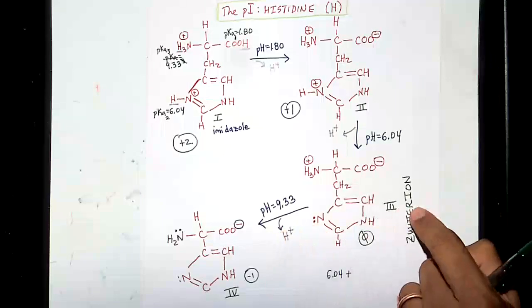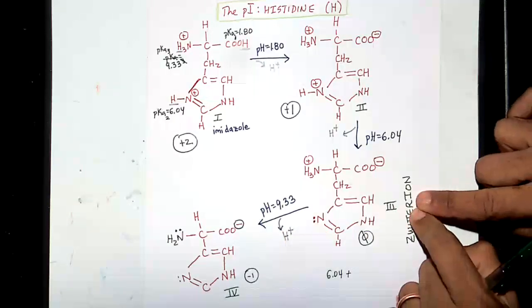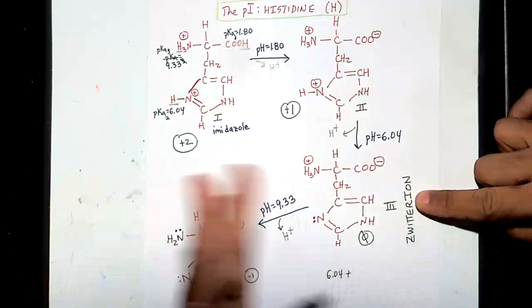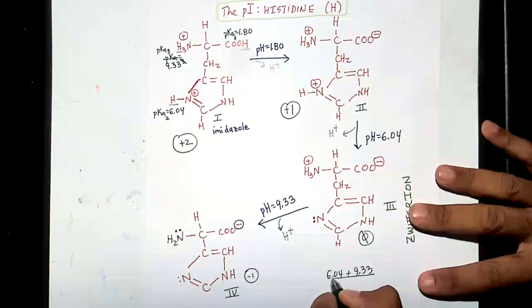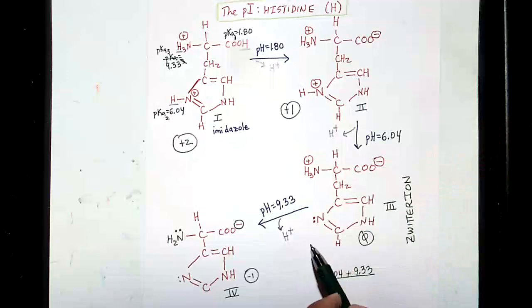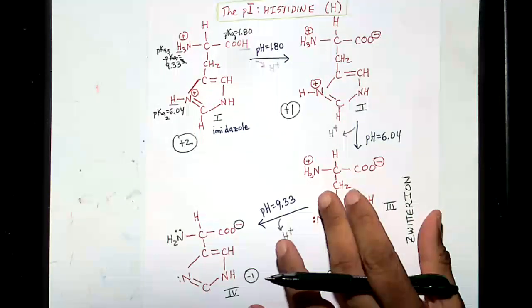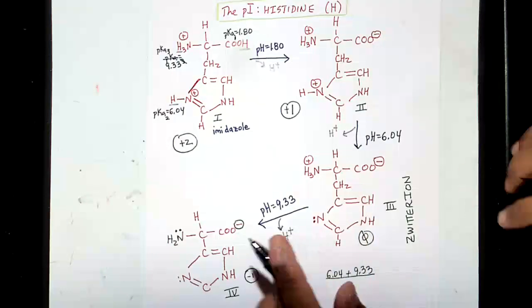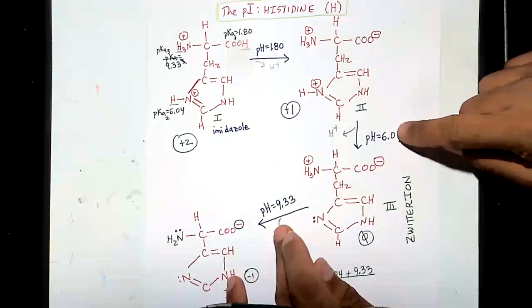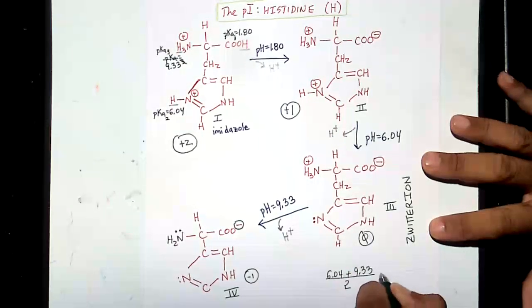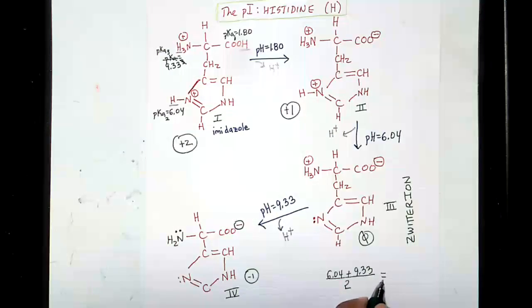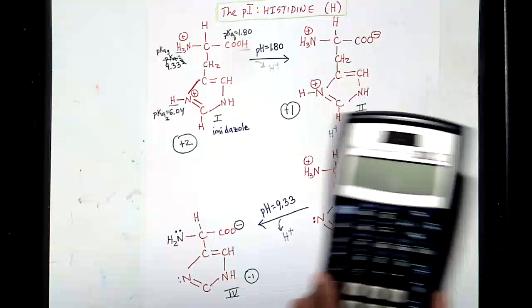And then at pH 9.33, we have 50% of the Zwitter ion, which is what we care about, and then this, which we don't care about, so plus 9.33. The pH where this is the highest, most populated, would be the average. So 6.04 plus 9.33 divided by 2. What is that on our calculator?